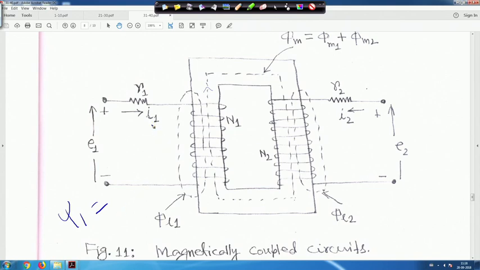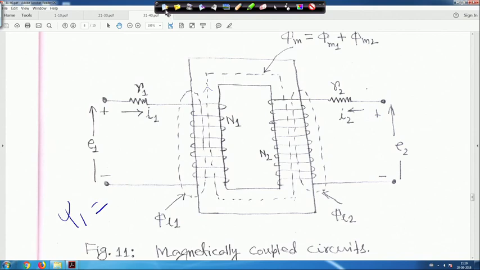So, from that you can make out what the flux linkage will be, in Weber turns. In that case it will be N1 into phi L1 plus phi M1, plus, because of this, phi M2 also has a flux linkage here. So, it will be N1 into phi M2, right?